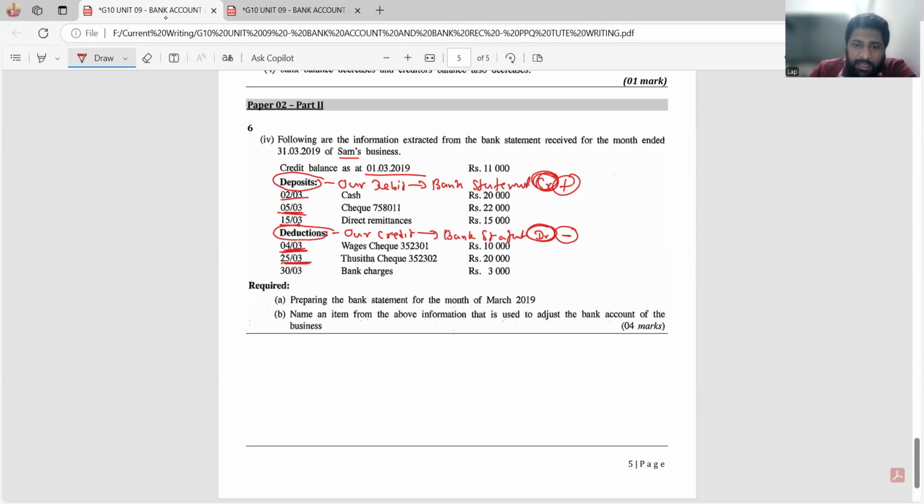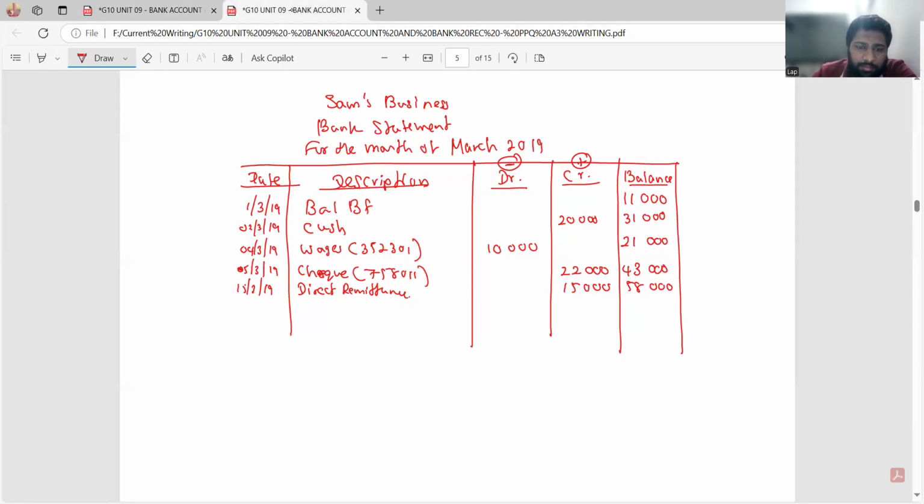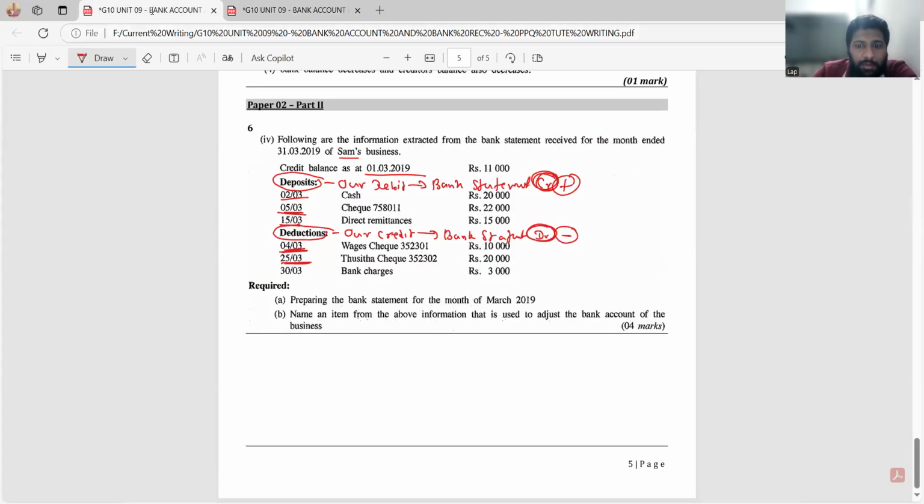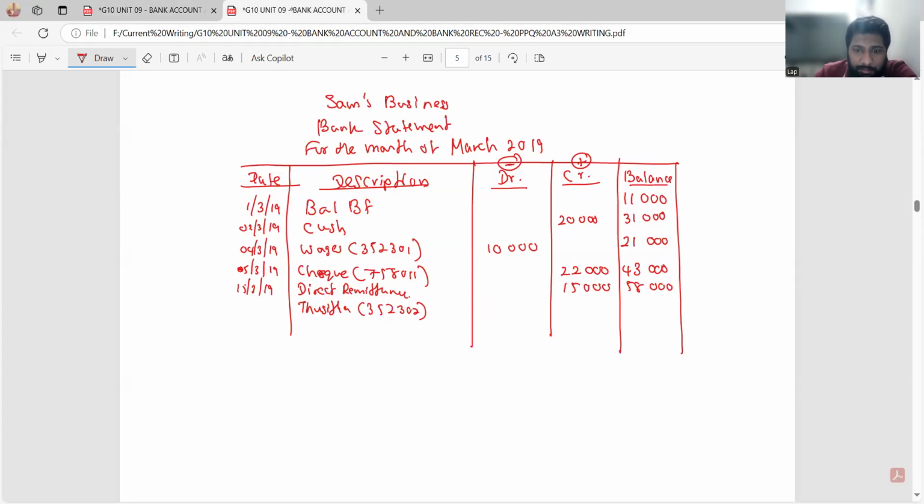Then we have the check issued to Tusita, 352302. The amount is 20,000. It is a reduction, so it should come to the debit column. Then 38,000 after the reduction. That's the date 25/3.